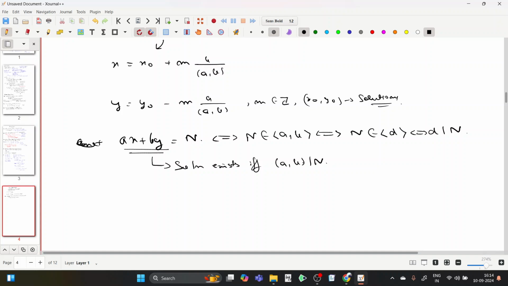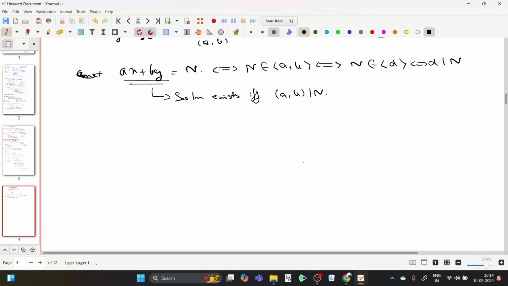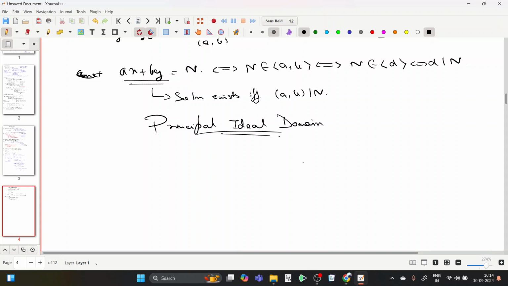Now let me introduce the concept of principal ideal domain, which we have already established while introducing the concept of a Euclidean domain. So let me quickly give the heading: Principal ideal domain.